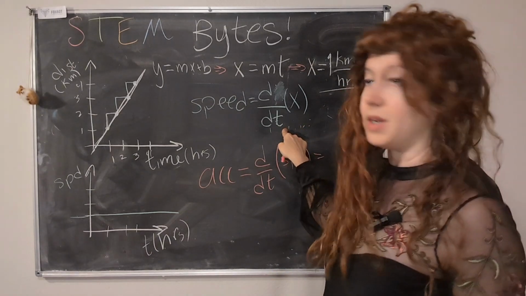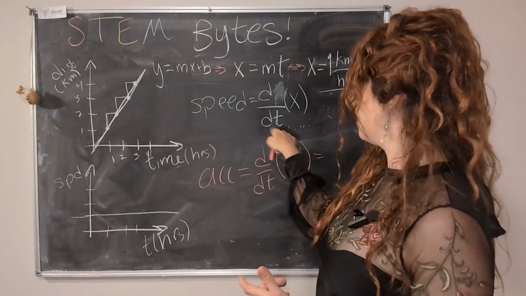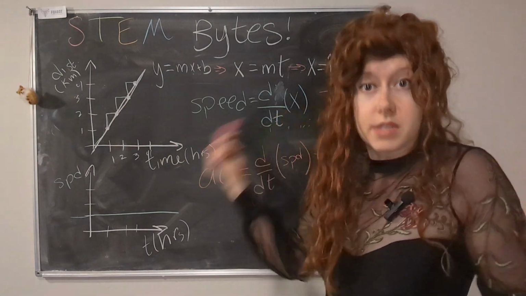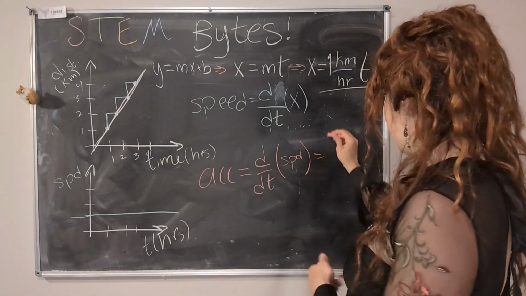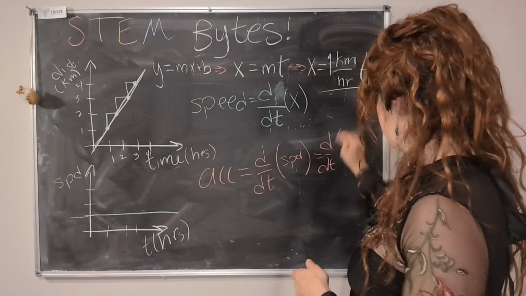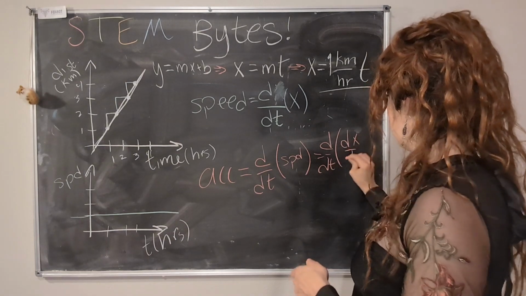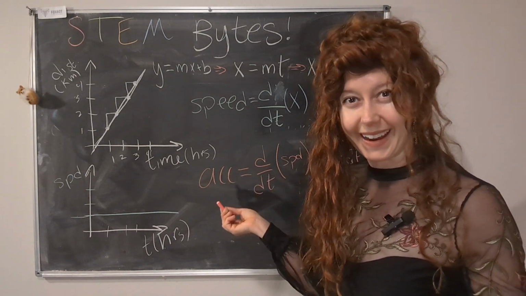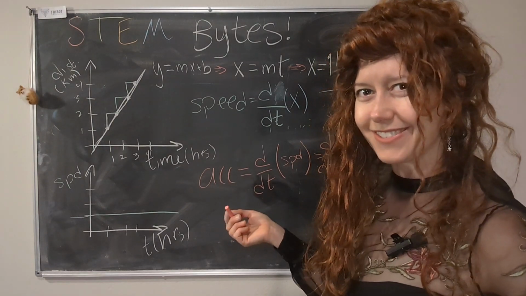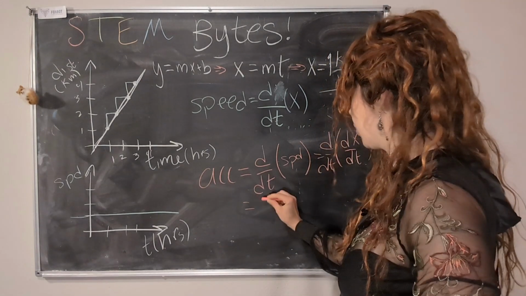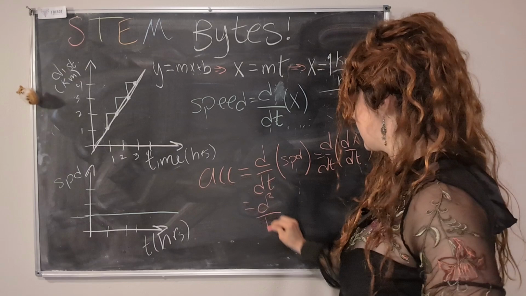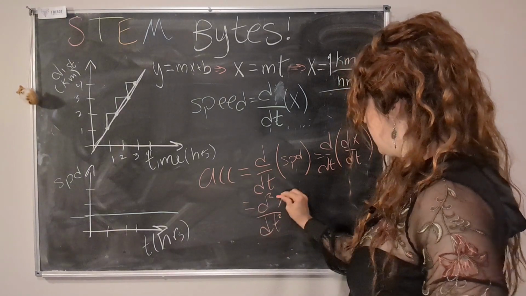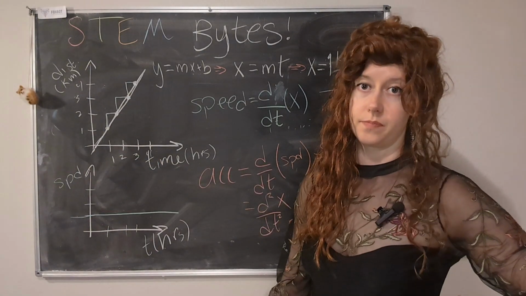But what is speed? Well, we've already taken the rate of change of distance. So that would be d/dt on dx/dt. Boom! Hey! We just got to second derivatives. So the acceleration is actually the second derivative of distance.